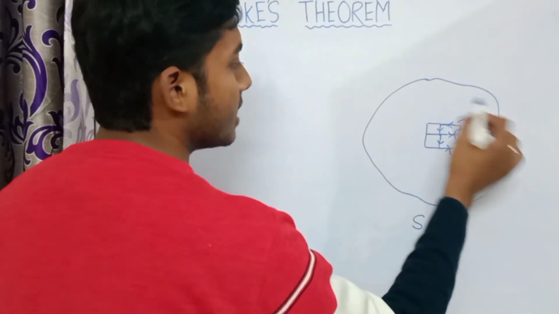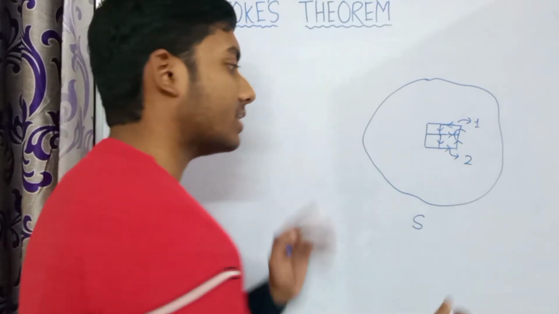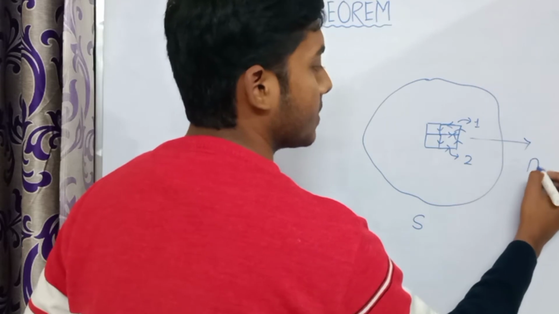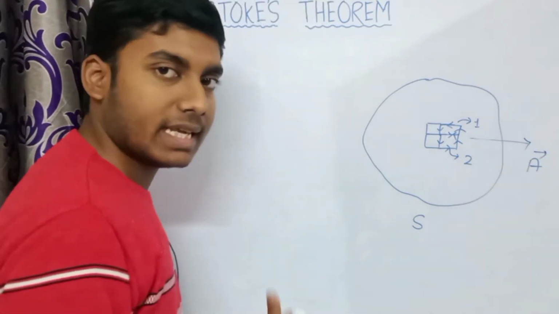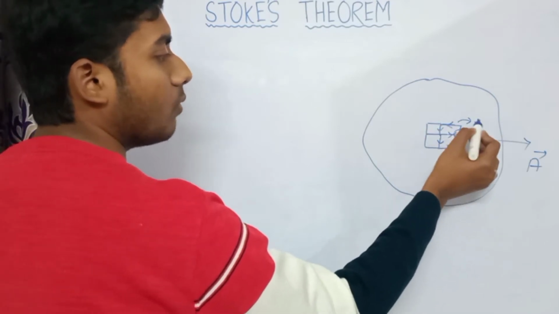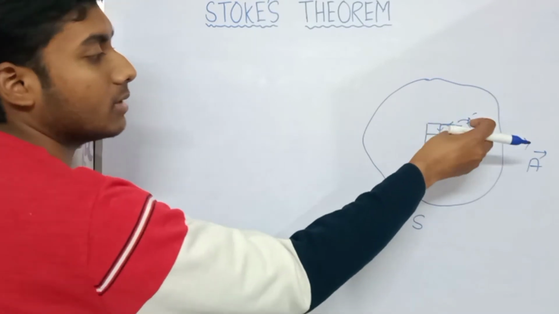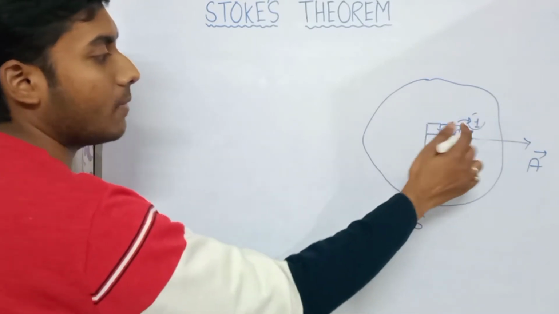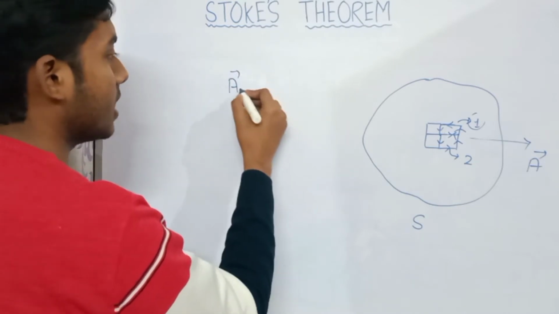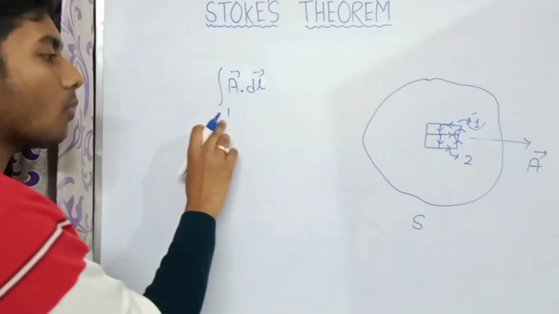The line integral means, suppose here in this region is a vector field, directed along this way. Suppose the vector field is A. Now the line integral along the closed path 1, along the periphery of square 1, we can get as A dot dl for square 1.